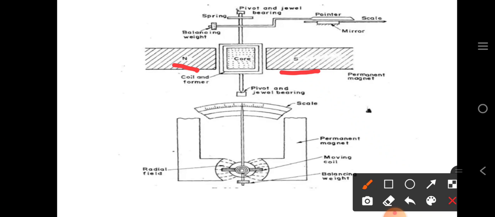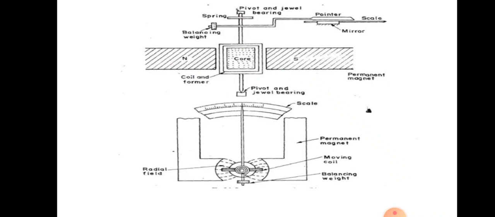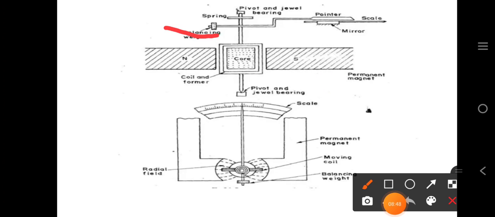So between the north and south pole, between both these poles, the core is kept, and on a jeweled bearing the coil is pivoted, meaning it is mounted on that jeweled bearing. Now here we can see a balancing weight is connected here and one spring.